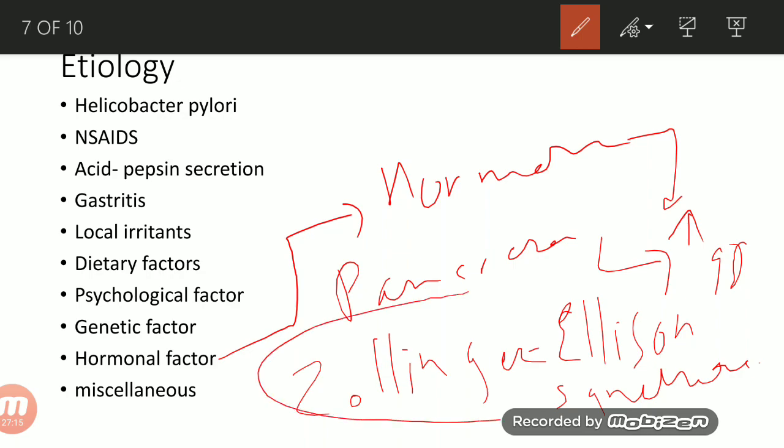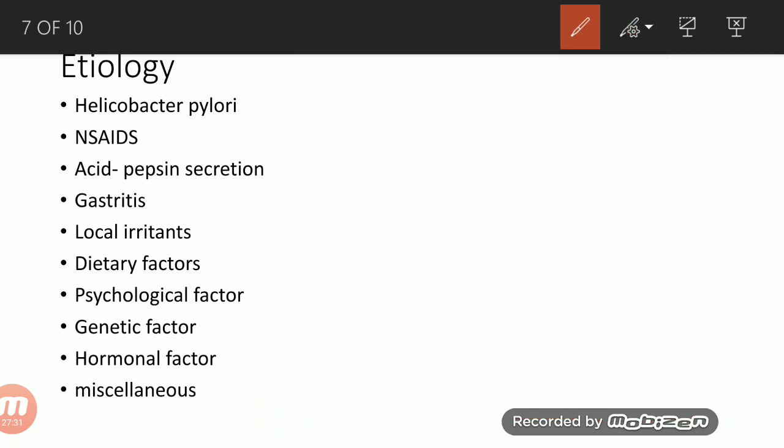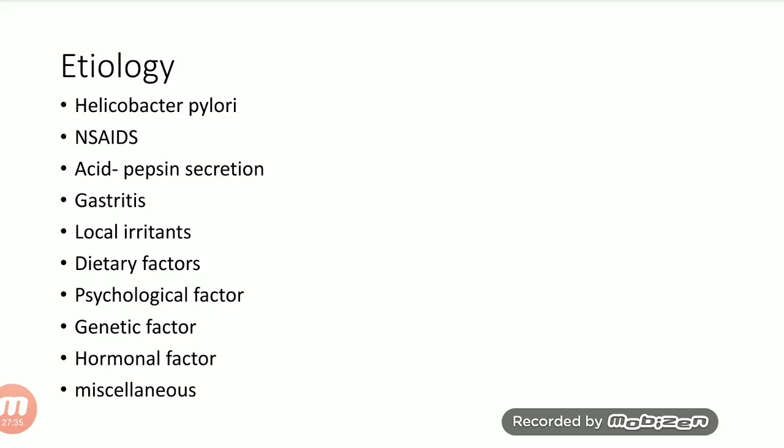It is generally a tumor in your pancreatic cell. Whenever this occurs, there will be increased secretion, which will in turn lead to your peptic ulcers. And lastly, there are miscellaneous causes for peptic ulcer as well.